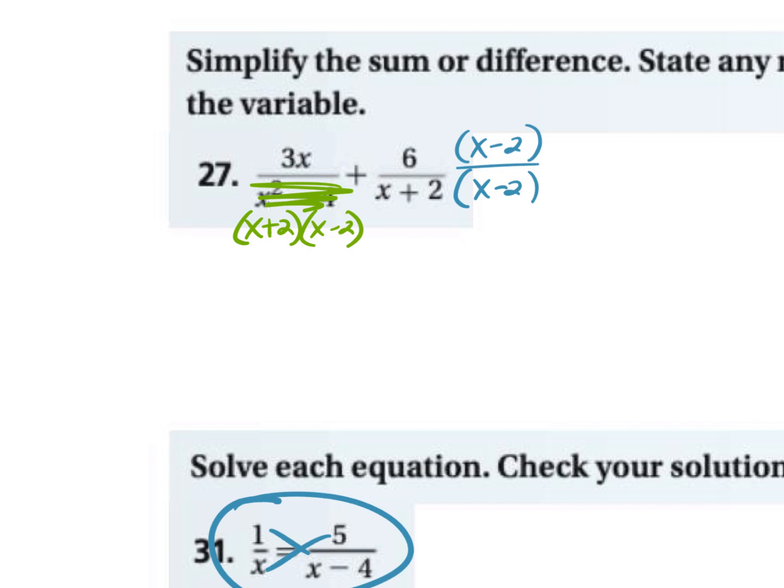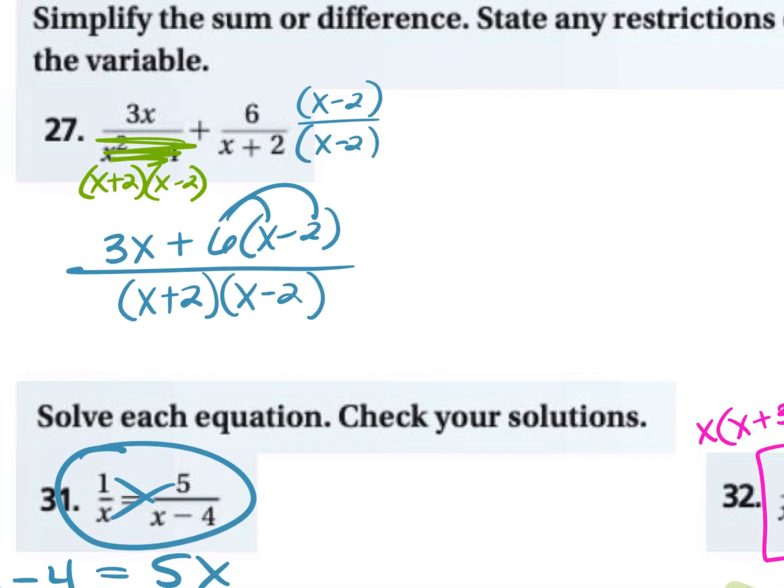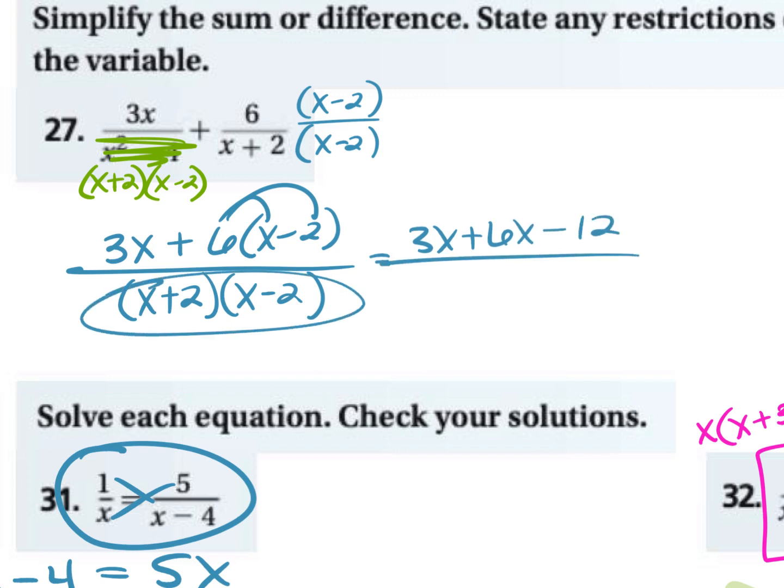So instead, what you're going to do is take 3x plus 6 times x minus 2 and put it over our common denominator. So now you can distribute. So you get 3x plus 6x minus 12 over this again.